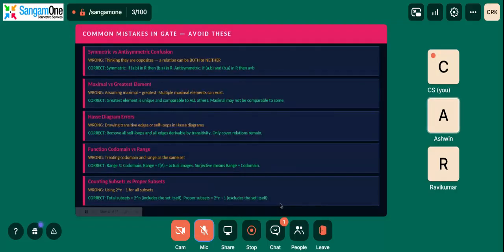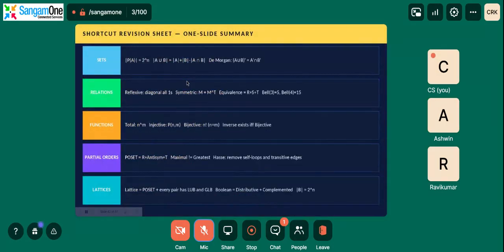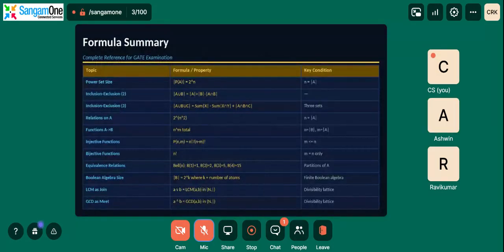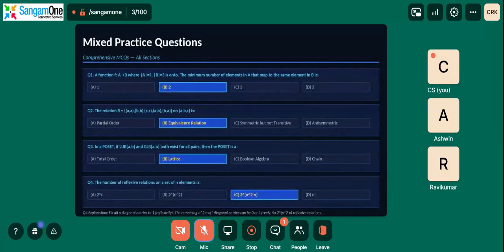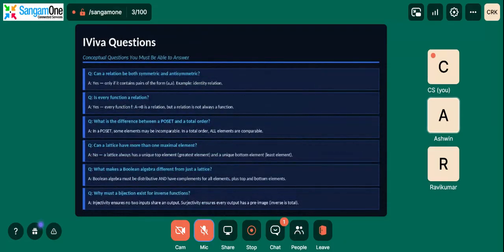Common mistakes in GATE that students make are symmetric and anti-symmetric confusion, maximal and greatest element, Hasse diagram errors, functions and range, and counting subsets with proper subsets. Please avoid this and etch it into your mind. Then the shortcut revision sheet, formal summary, and next practice questions for reference.